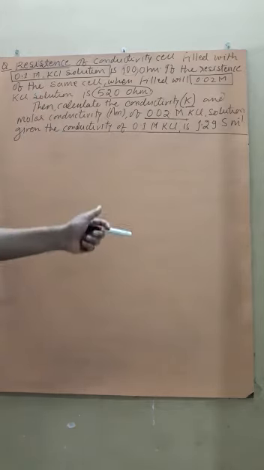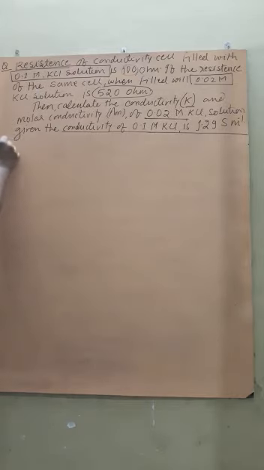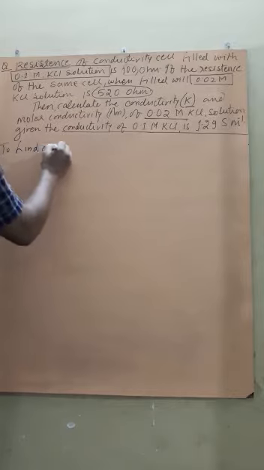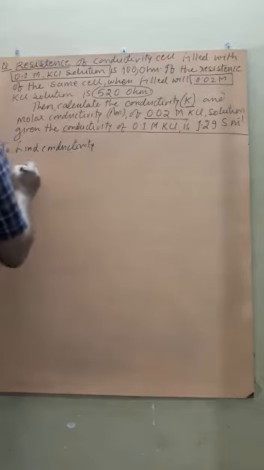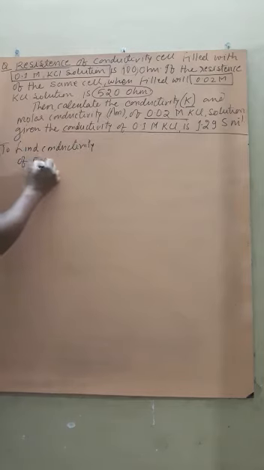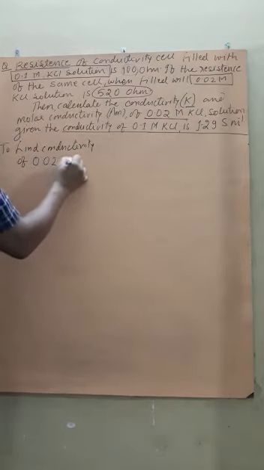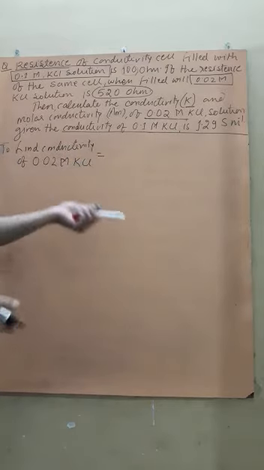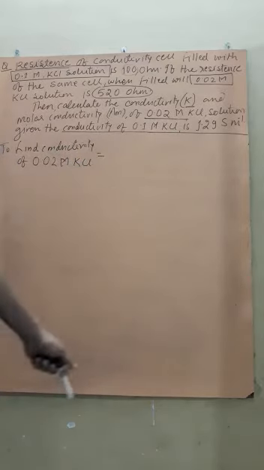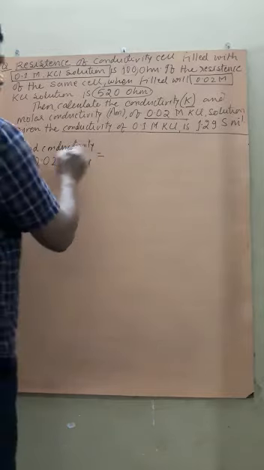Therefore, to find the conductivity of 0.02 M KCl, we have to use one more formula, and what is this formula?